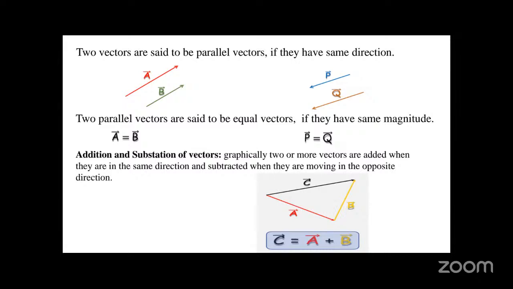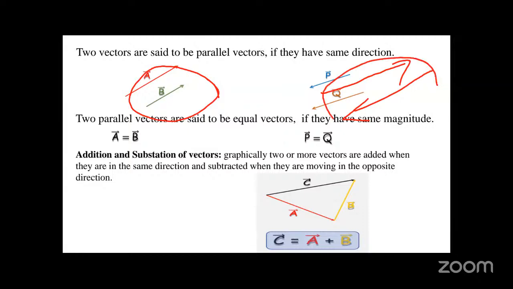Now, two parallel vectors are said to be equal vectors if they have the same magnitude. Before I move on, I'll still say more on this when we get to addition of vectors. If two vectors are moving in the same direction, they could be added, but if the two vectors are moving in opposite direction, the magnitude of these two vectors will be subtraction.